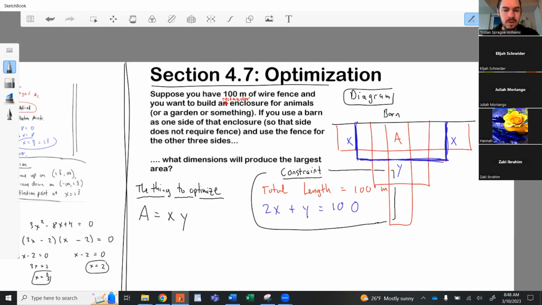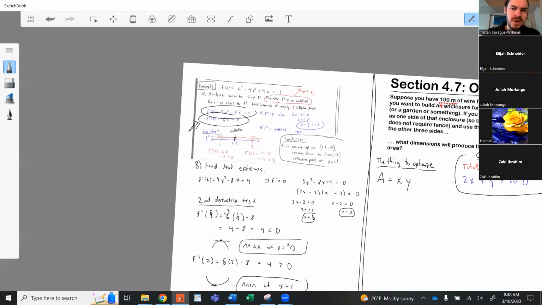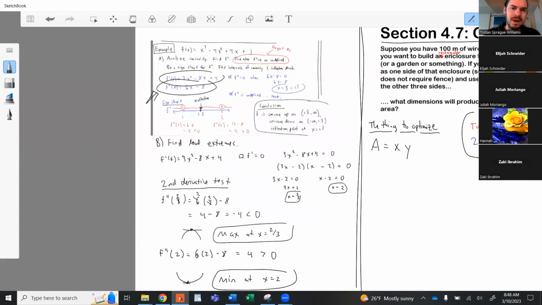So what I want to do to optimize my area, I need to get the area in terms of a single variable. Because what we've been doing with our optimization, or with finding local extremes, it all relies on having a function of one variable, right? Like f of x.